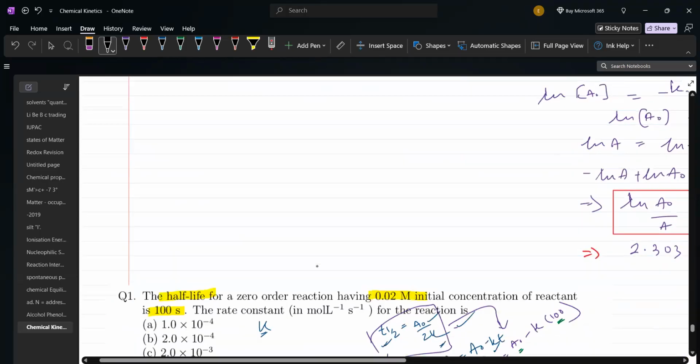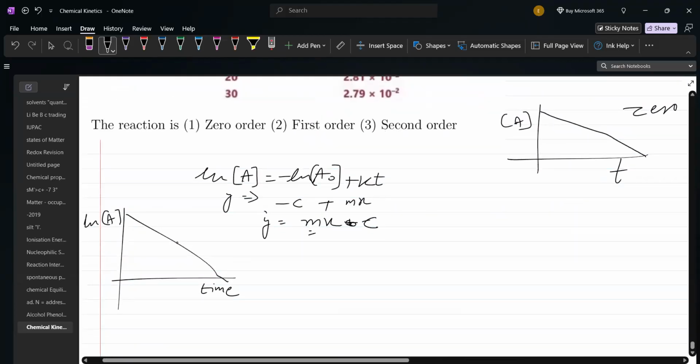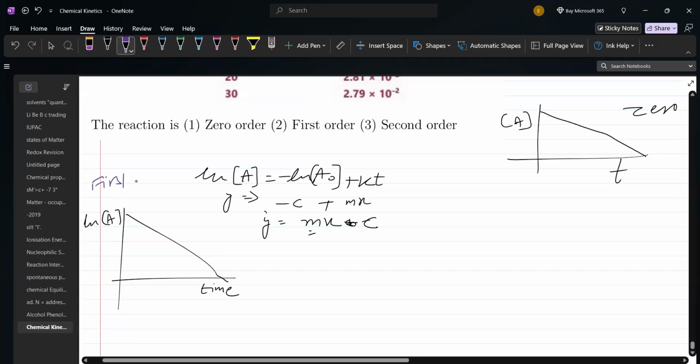And here the graph is not like this. Sorry, here we are taking log of concentration of A versus time. So the graph will be similar. However, there it was concentration, but here for the first order it is log of concentration. If you compare and study, you will always remember the things.